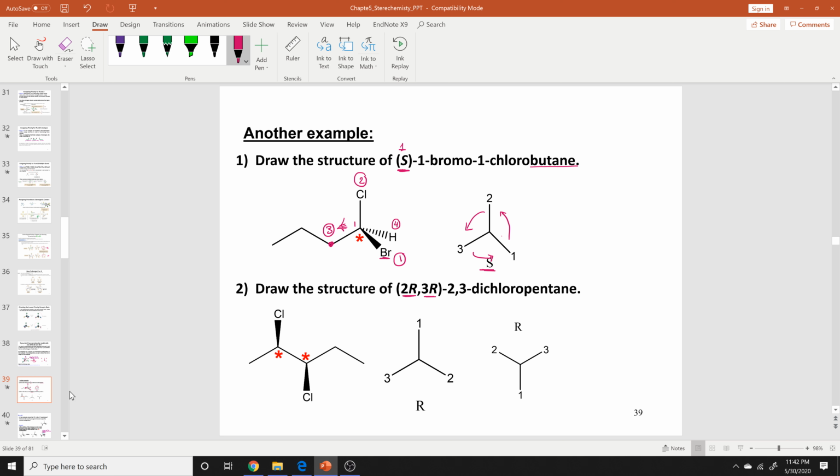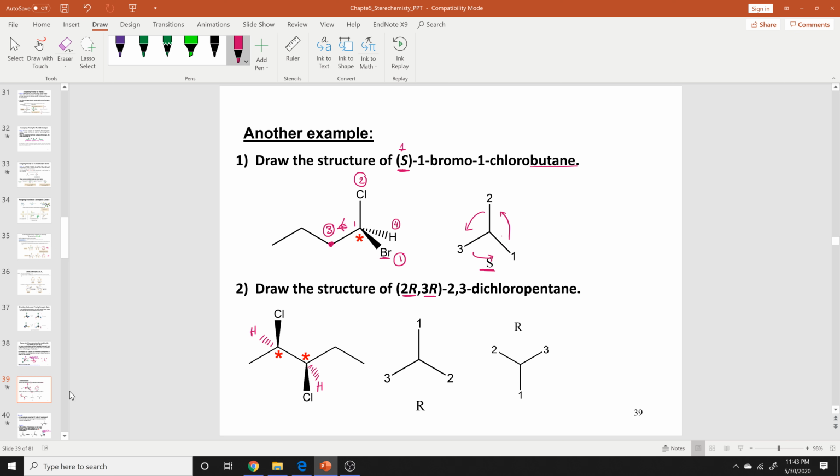So I want to draw 2R, 3R. The first thing, as I said, make your long carbon chain in plane, and then all you have to do here is basically work with the groups hydrogen and the chlorine. Since you need an R configuration, I always prefer to put the lowest priority group behind.